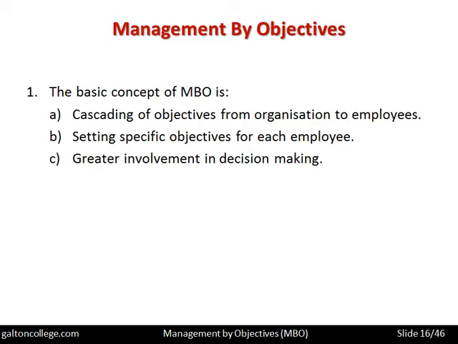There is greater involvement in decision making because of this, because the employees may feed back that the objectives are not realistic, or that there may be some mitigating circumstances that stop them from achieving their objectives. There may be issues, for example some parts of the production system complain that the raw materials are not appropriate or poor quality, so it's informing the whole system that there are issues.